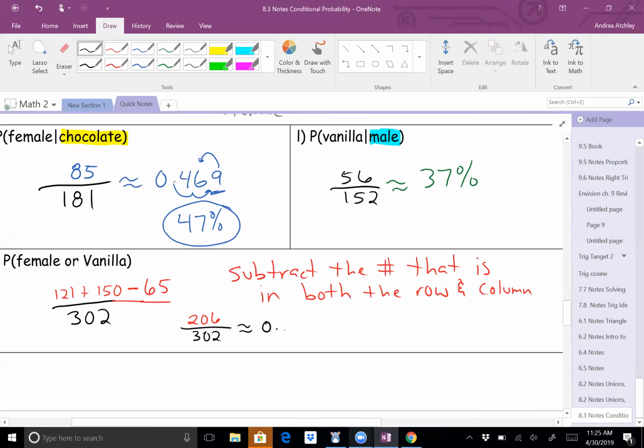That gives me 0.682. I move my decimal over twice. The 2 does not make the 8 move up, so it's 68%. Any questions over that? We're good? Okay, one more page.